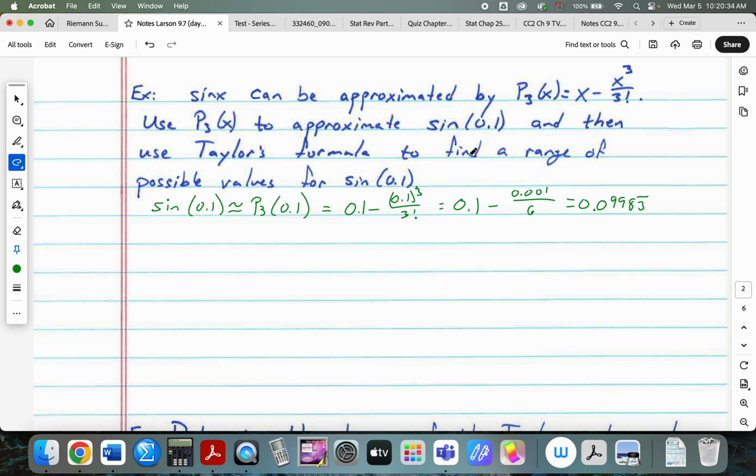Then use Taylor's formula to find a range of possible values for sine of 0.1.